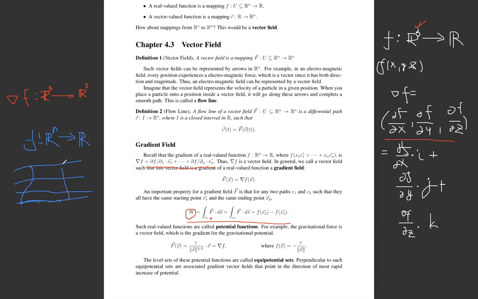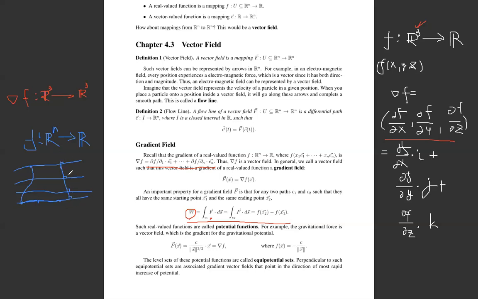So if you have a path like this, perpendicular to the equal potential sets, that means you go through the direction of the most rapid increase of the potential.